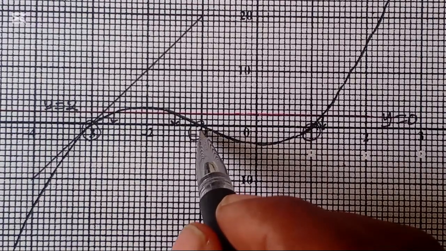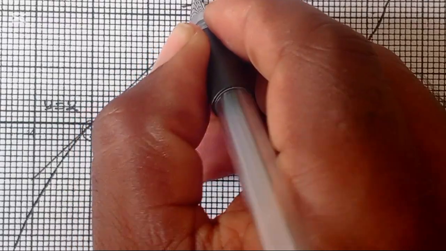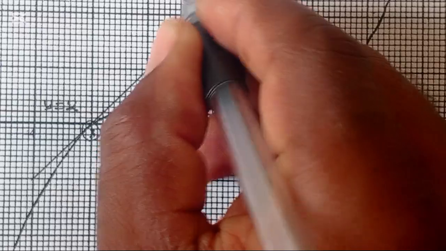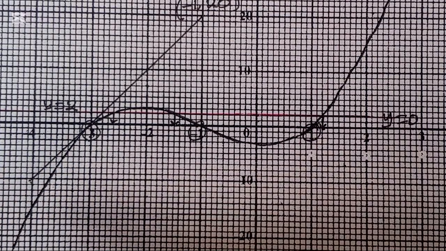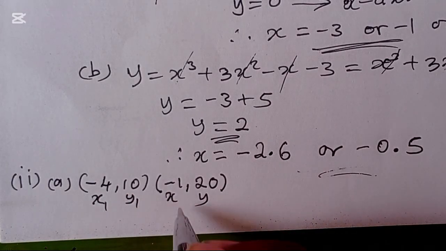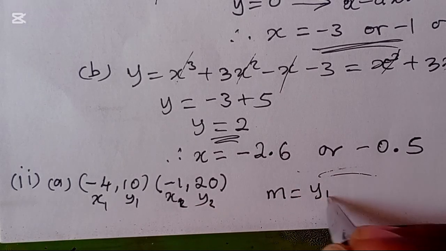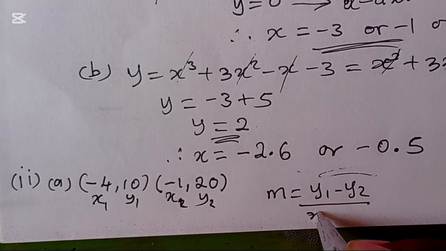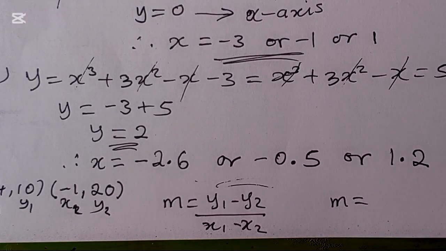So this is negative 1, 20. And this is negative 4, negative 10. So this is x, y, x, y. So x1, y1, x2, y2. So gradient is equal to y1 minus y2 over x1 minus x2. So gradient is equal to y1 is 10 minus y2 is 20.